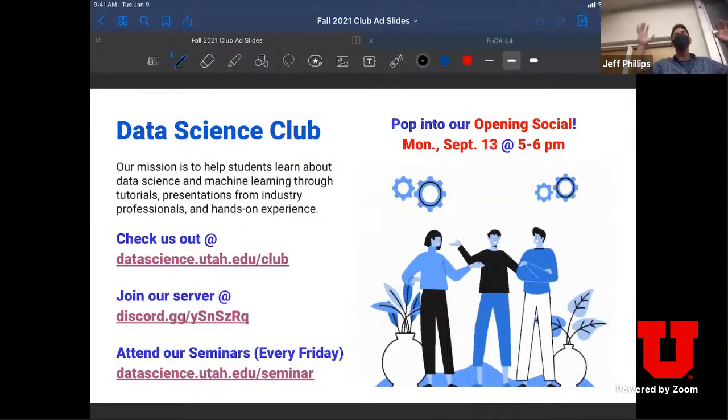The data science seminar is meant to be fairly accessible, but it's a little bit more geared towards graduate level research. And this data science club is not designed just for graduate level stuff. So if you're interested and you just want to learn and get to know what's going on with data science, this is a friendly club to join.